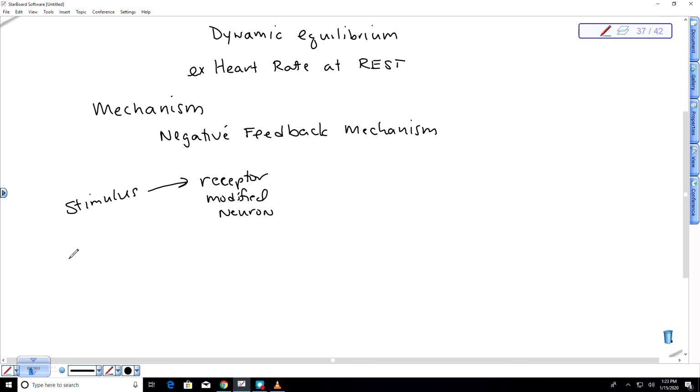So this receptor needs to send a signal to the control center. The control center often is the brain, but it's not always the brain. When we're talking about the release of insulin, it's actually the pancreas that controls the release. It's not the brain that signals the release of insulin. So this pathway is called the afferent path.